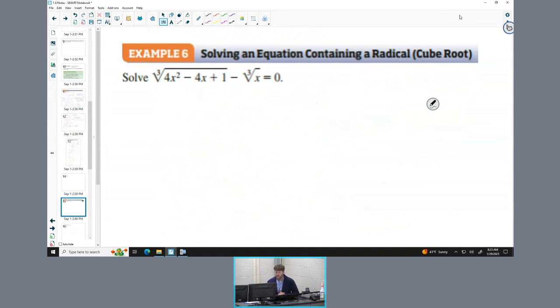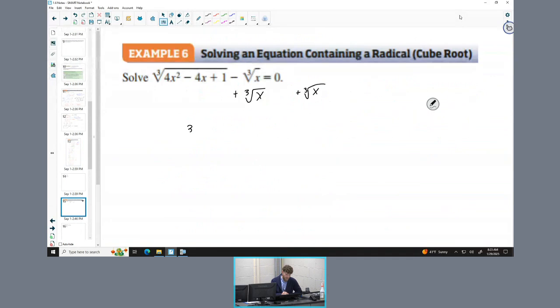First step is to get your radical by itself. Since there are two radicals and nothing else, that just means separate them. So I'm going to say plus the cube root of x on both sides.